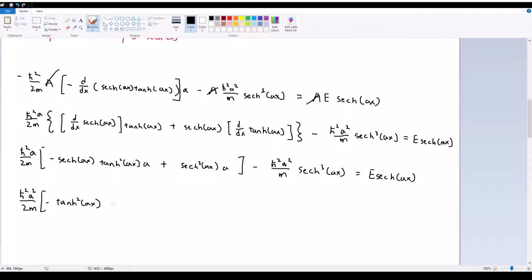And then we're adding hyperbolic secant squared times ax. And let's see. Yeah, that's correct. And then we're subtracting by h bar squared a squared over m times hyperbolic secant squared ax, and this is equal to e.